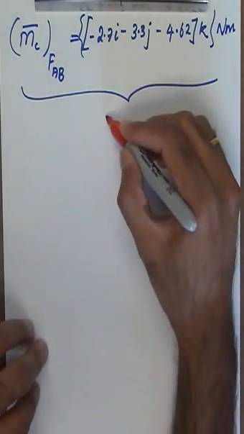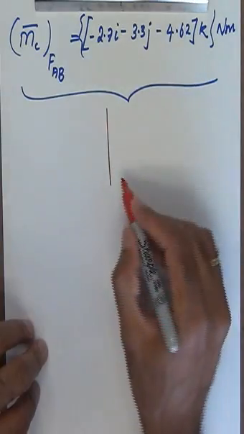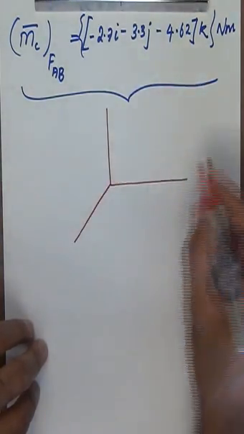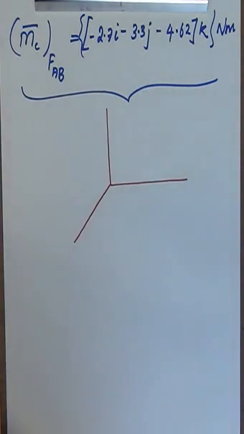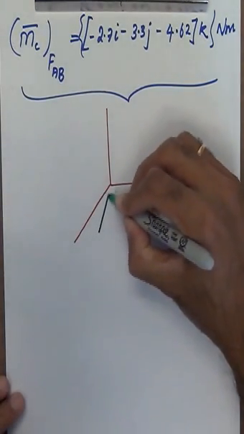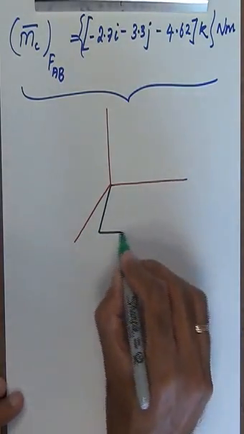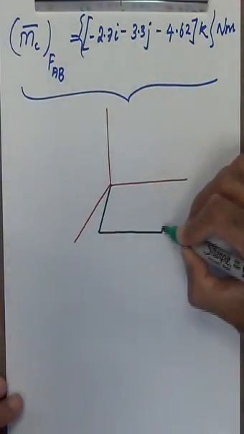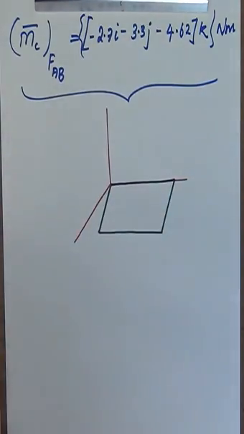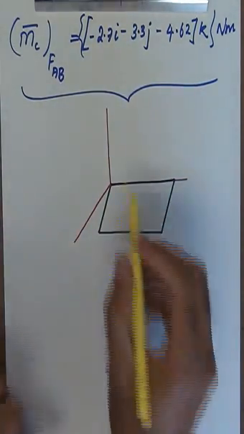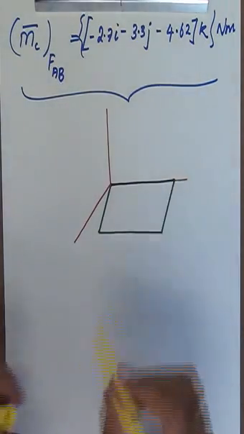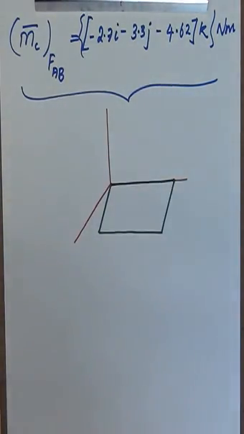So I have my x, y and z axes, and then we have the door which is drawn here. This is the hinged axis of interest for us, and we also have the force vector.